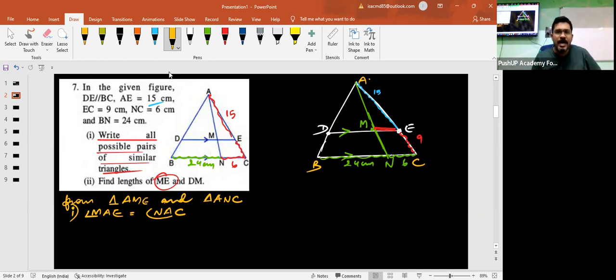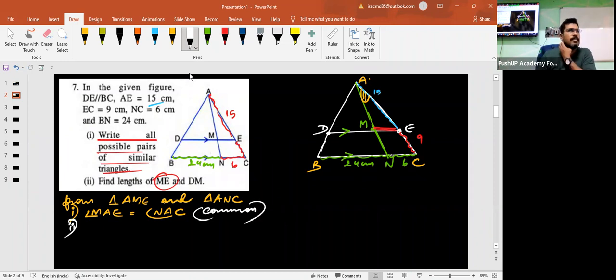That is the proper way of writing the name of angles in board exams. Please make it a habit. Alvin, is it clear? Milan, is it clear? So what is the reason for that? They both are common angles.